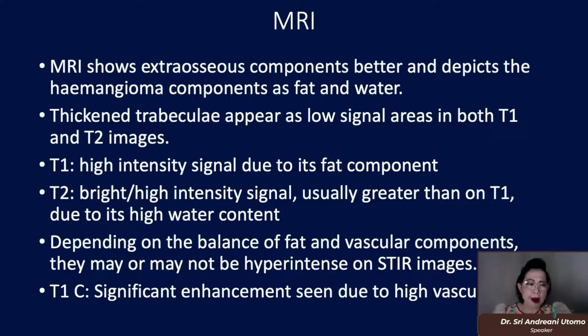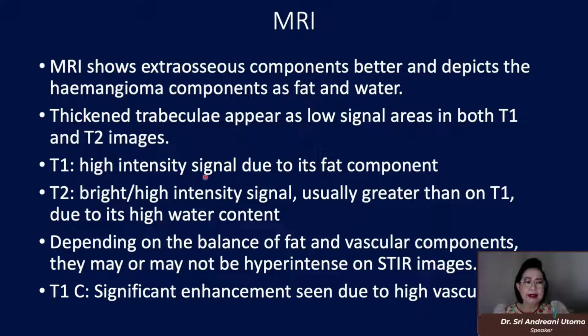And in MR imaging, MRI shows extraosseous components better and depicts the hemangioma components as fat and water. Thickened trabeculae appear as low signal areas in both T1 and T2 images.